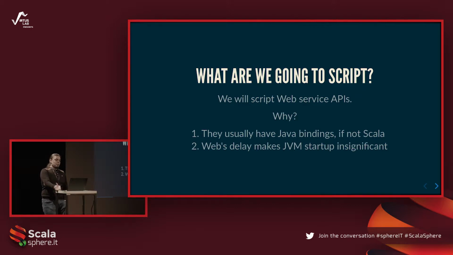And for two reasons primarily. One, web service APIs usually have Java bindings, which means that it's actually possible to script them using Scala. And two, the fact that we will be running HTTP requests means that the JVM startup penalty, which Ammonite incurs on every script run, becomes insignificant. So we get rid of one of the pains of running Ammonite scripts.